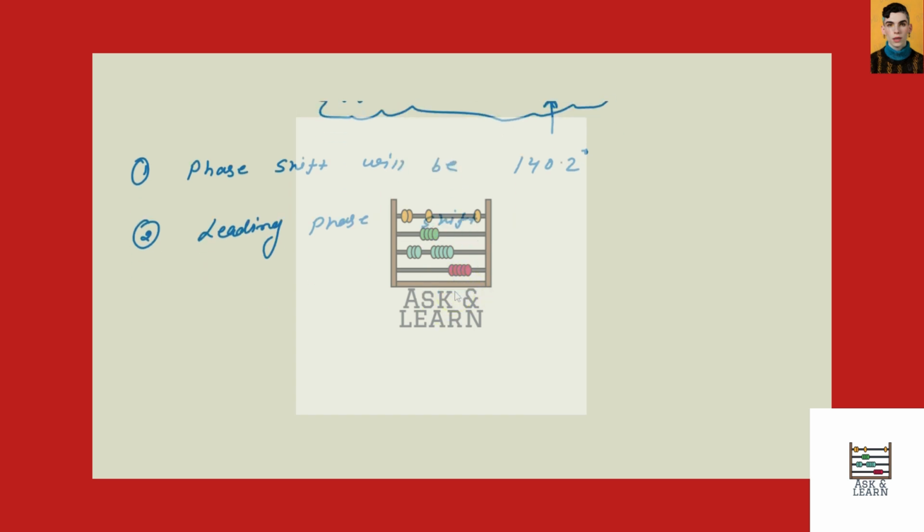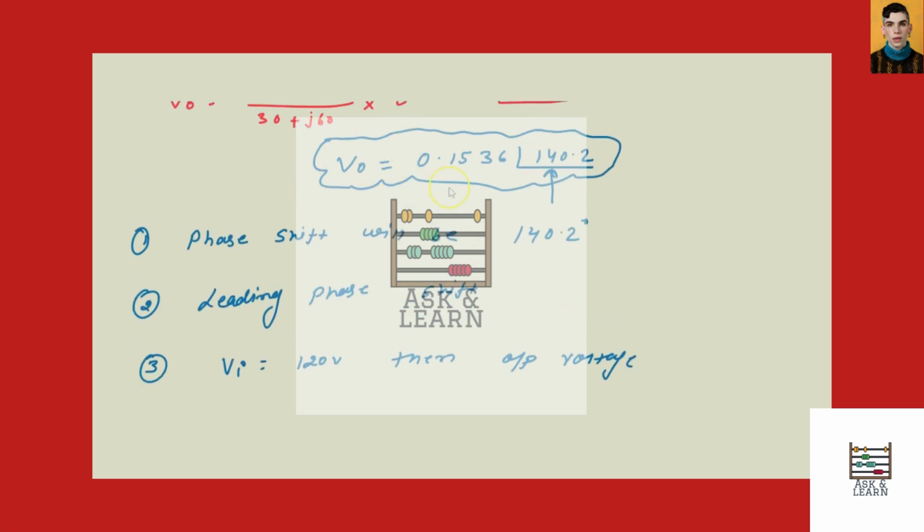Okay, and in the third case it is asked, if V input is 120 volt, then what about the output voltage? Okay, so this output voltage is when our input will be unity.